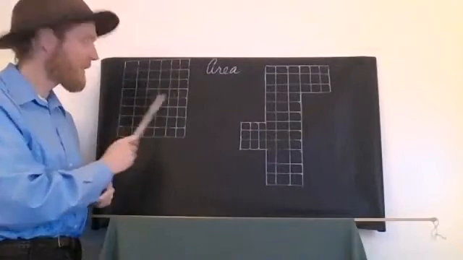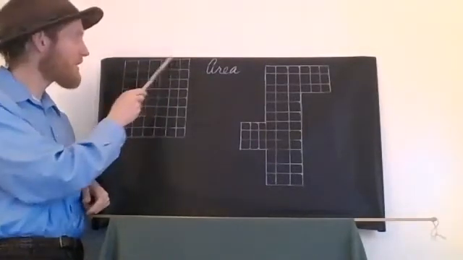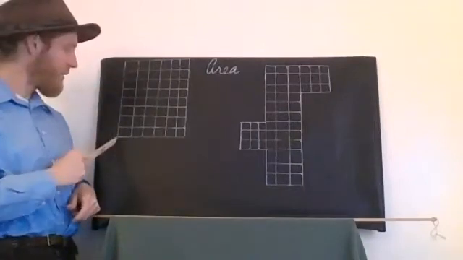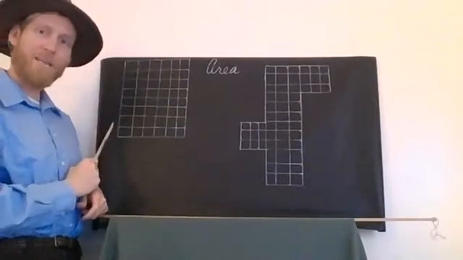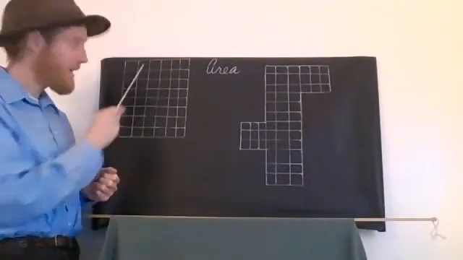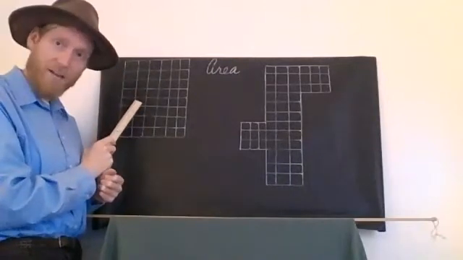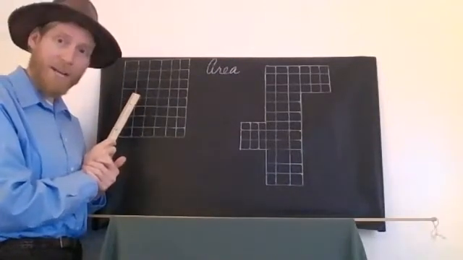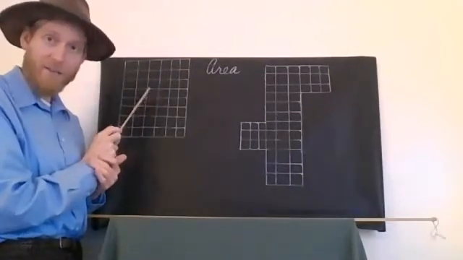All the space inside. Perimeter is how far along the outside. Area is inside. How do we find all of what's inside the shape?